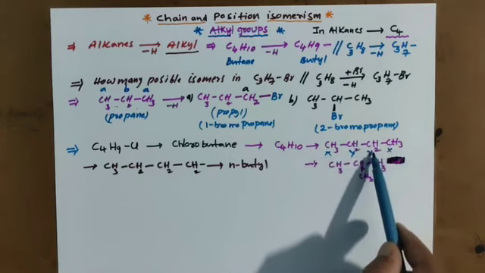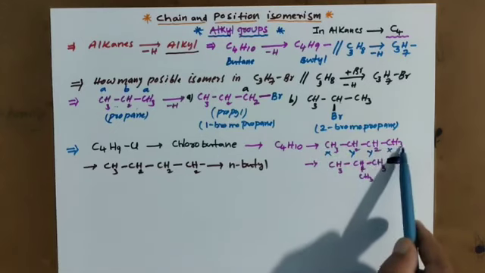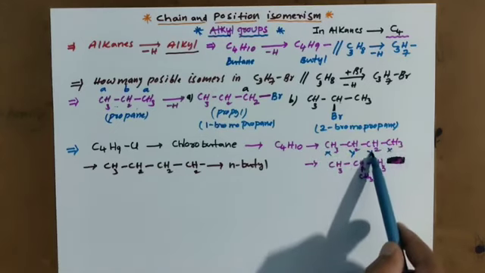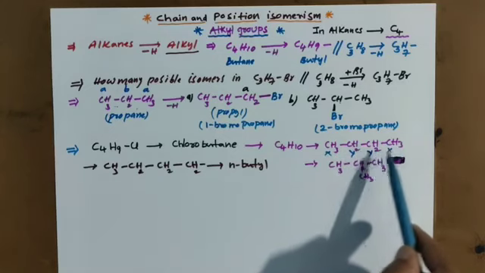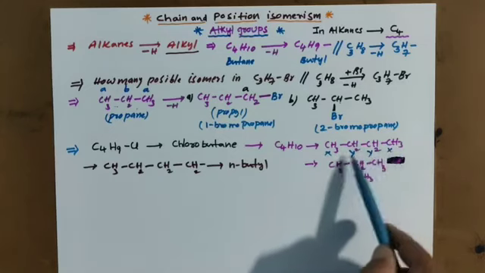Take this carbon: this side 2 carbons, that side 1, this is different. Now take this carbon: this side 1, this side 2, so these two are the same. So two types of carbons, X and Y.